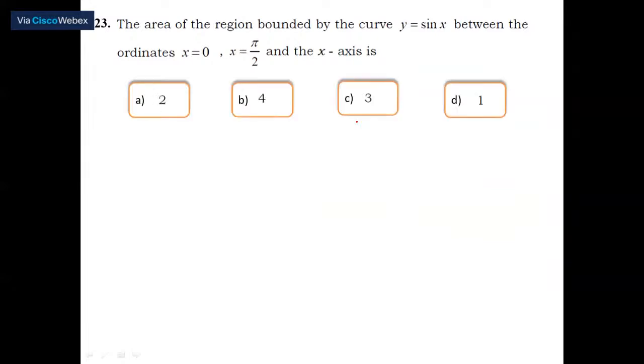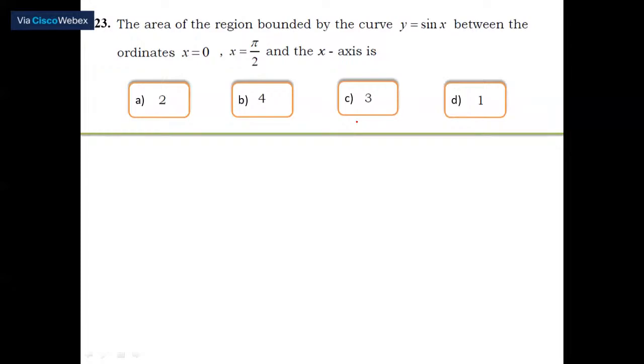The area of the region bounded by the curve y is equal to sine x between the ordinates x is equal to 0 and x is equal to pi by 2, and also the x-axis. The options are 2, 4, 3 and 1. You people give me the answer for this. Just now we have discussed sine 4x.